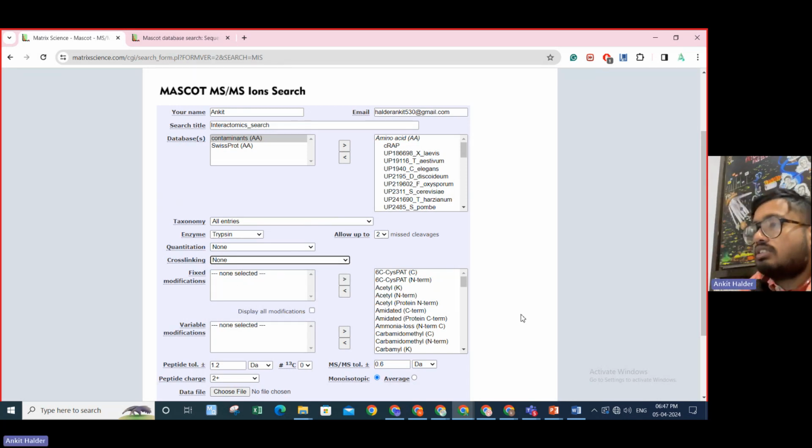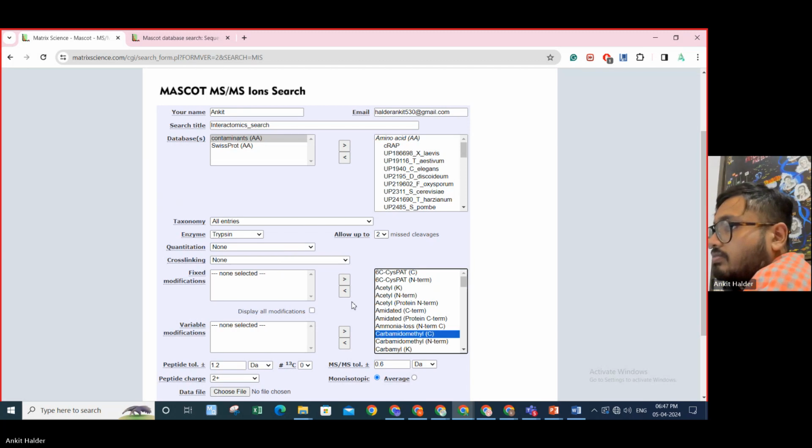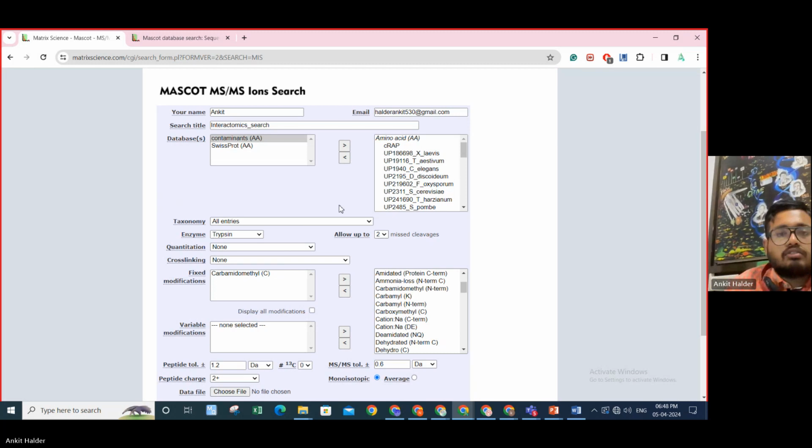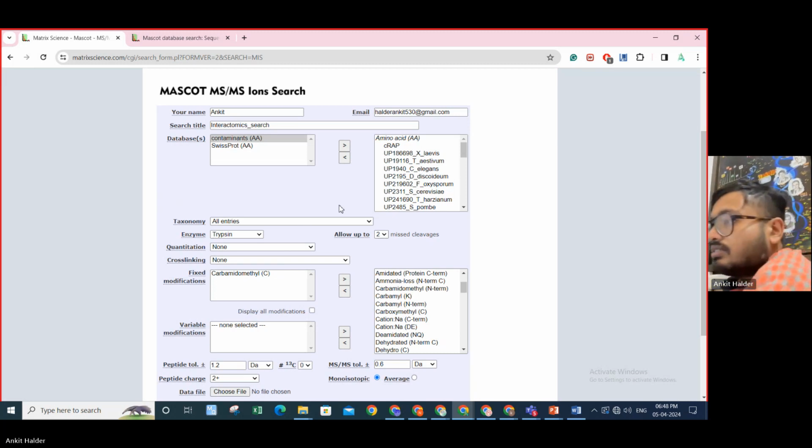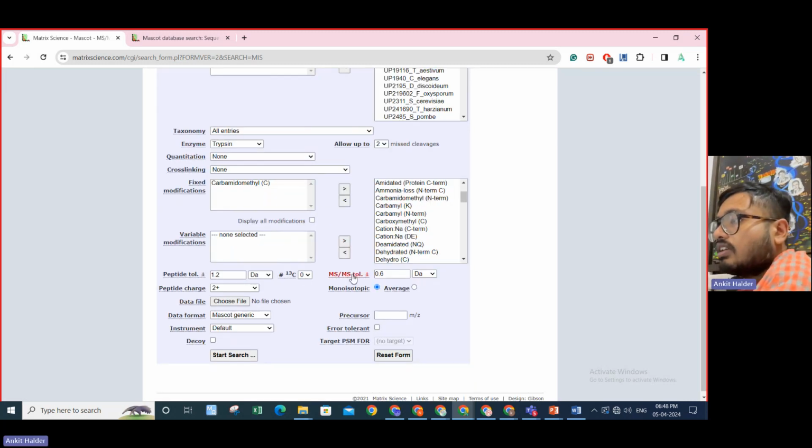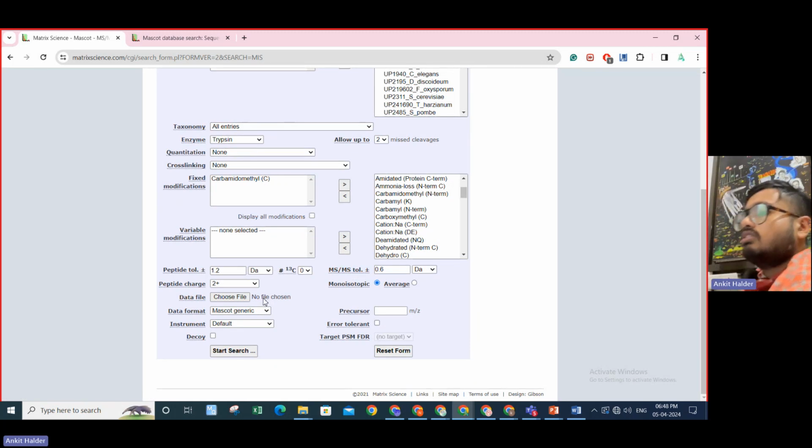Now we had already discussed that we will be using carbamidomethyl C as a fixed modification, right? And now we will be choosing the data file.